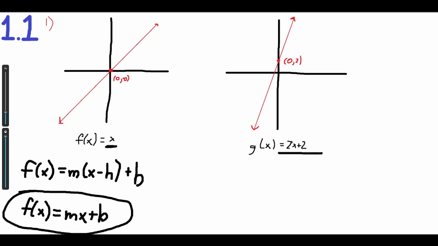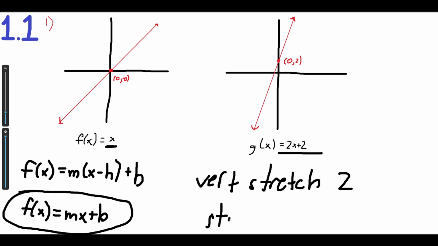Starting right away, I see a 2x compared to an x, so I see a vertical stretch by a factor of 2. Then I also see plus 2, which we also see here, (0, 2), where this one is (0, 0). So I see a translation up 2 units.